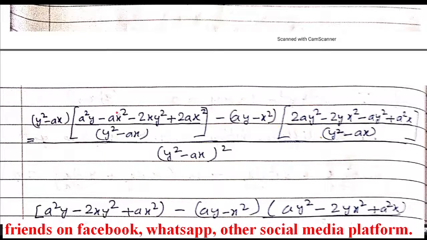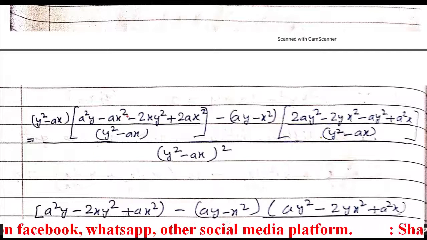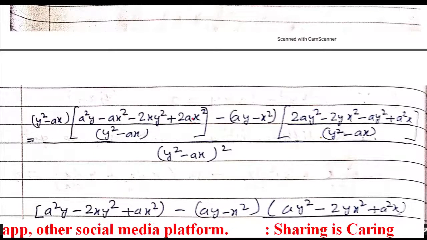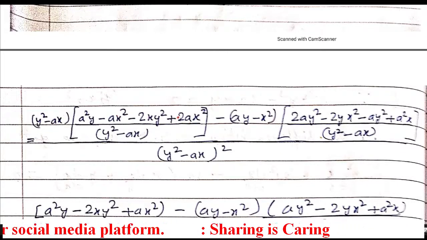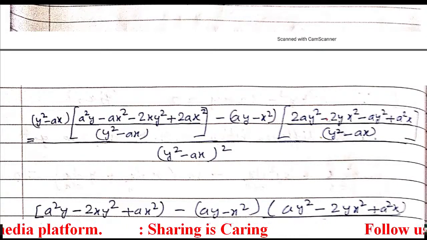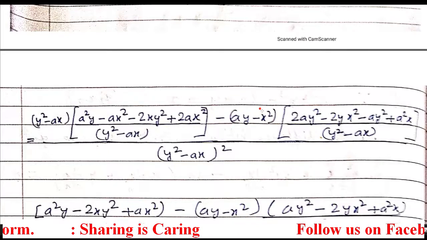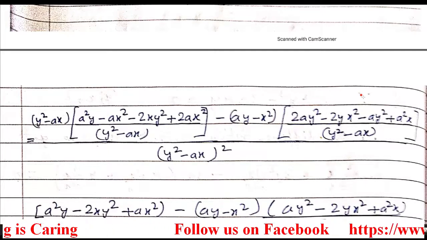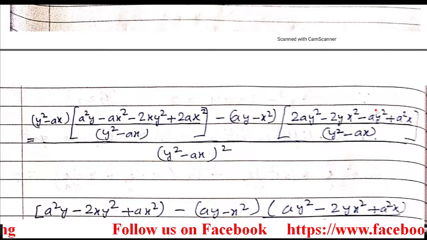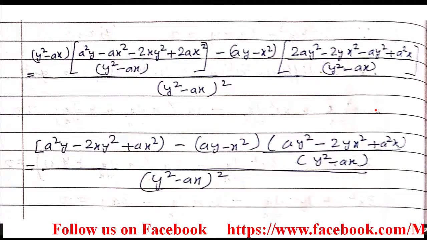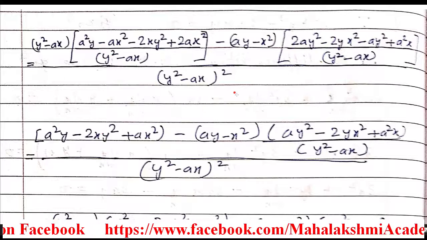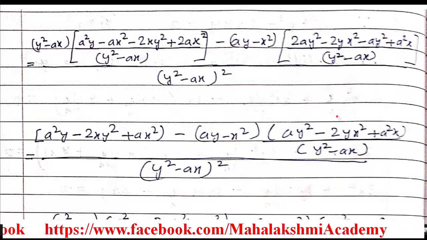Moreover, in the big bracket, just see we have some like terms, ax square and 2ax square. They are like terms, so they will get subtracted from each other. And here also we can see this ay square and this ay square. These two terms can be subtracted. So after all this simplification, we will obtain this bracket, and here this bracket as it is, and here we obtain this.